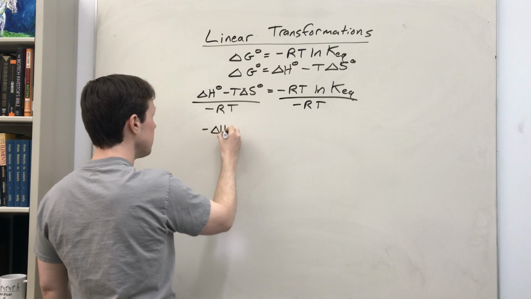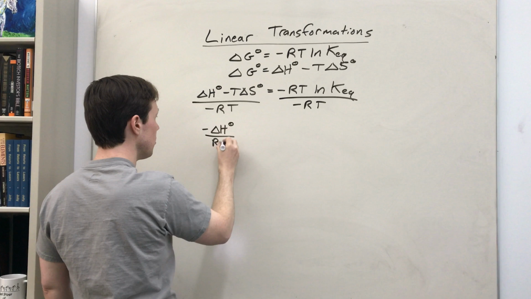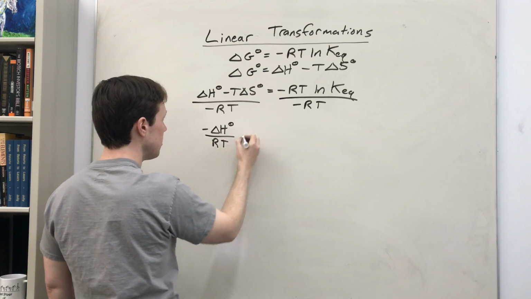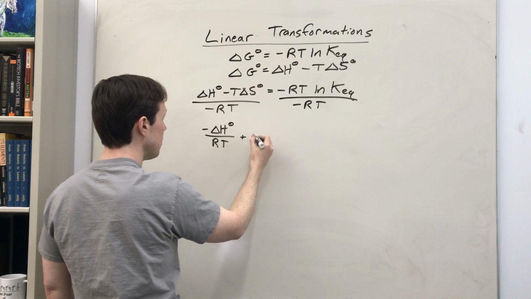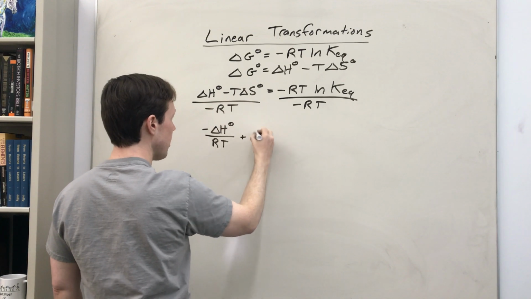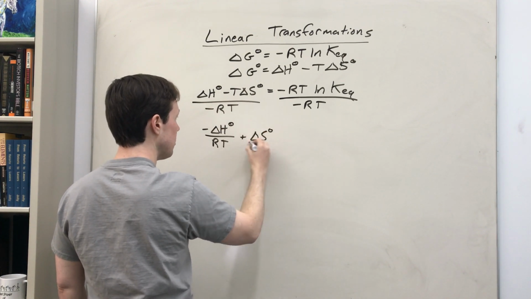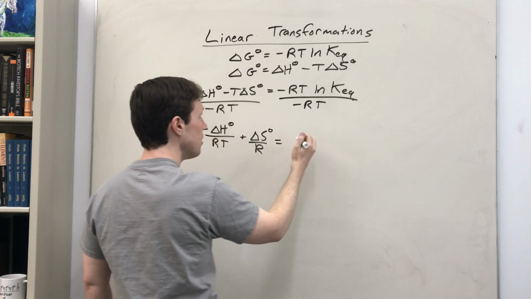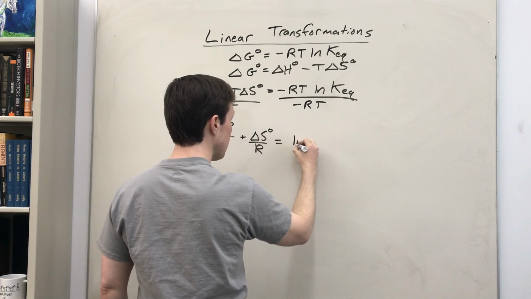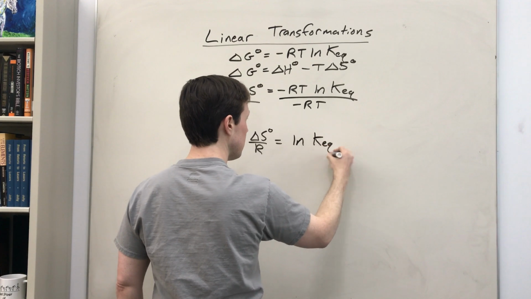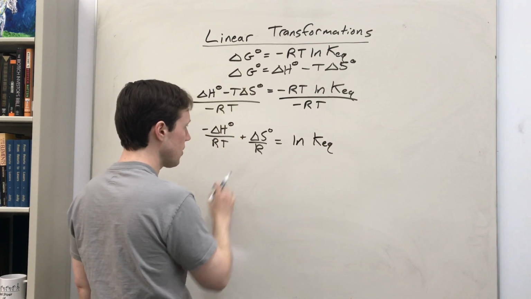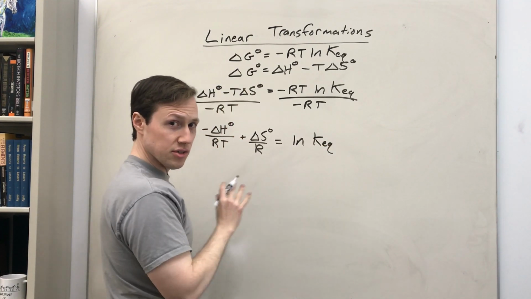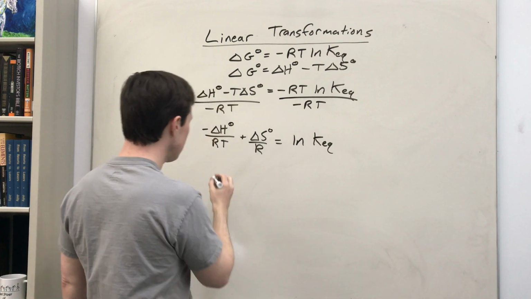minus delta H naught over RT. These cancel, so we have delta S naught over R equaling ln of KEQ. Let me rearrange this for you again, just a little bit.